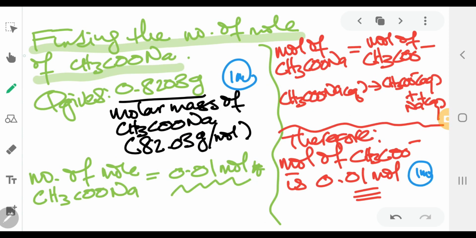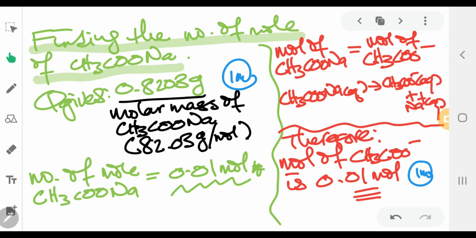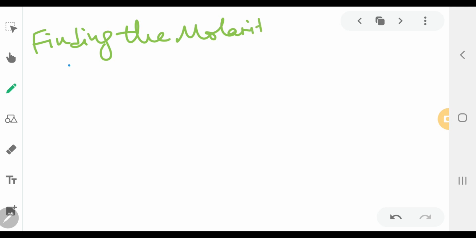Now, we have figured out the number of mole of your conjugate base, but what about the molarity? Because we need to plug in the molarity value over here. Therefore, next, we need to find the molarity of CH3COO- aqueous.